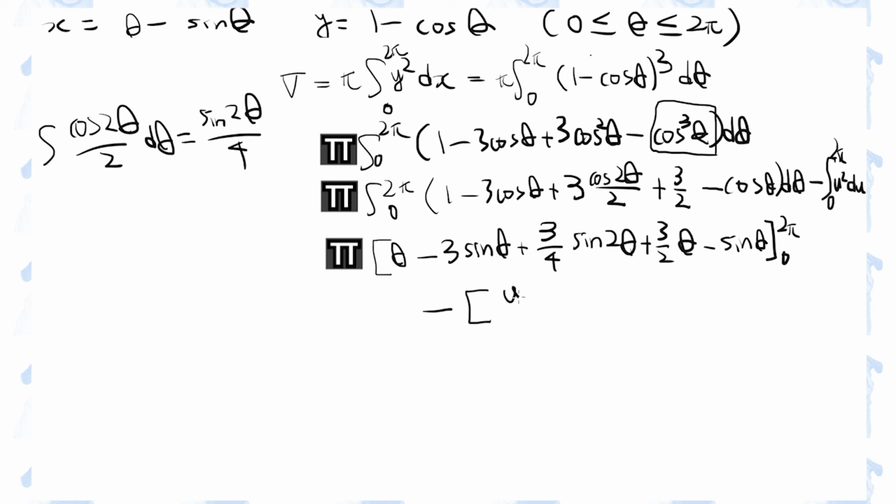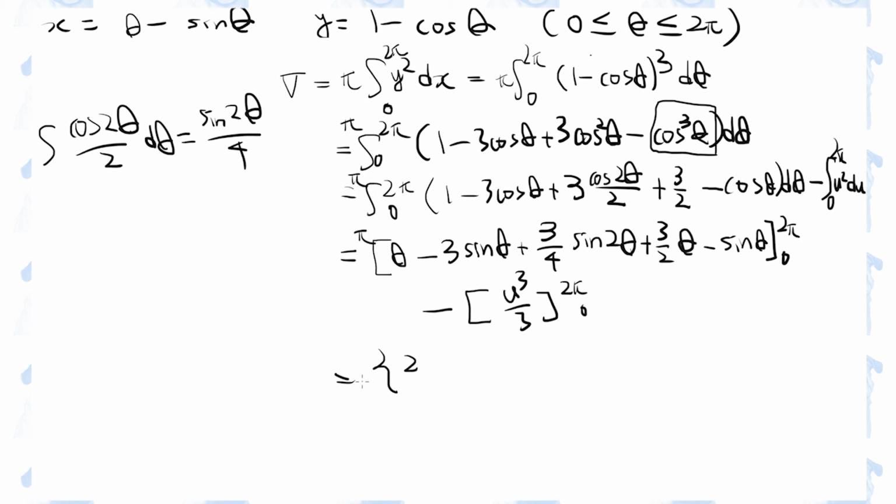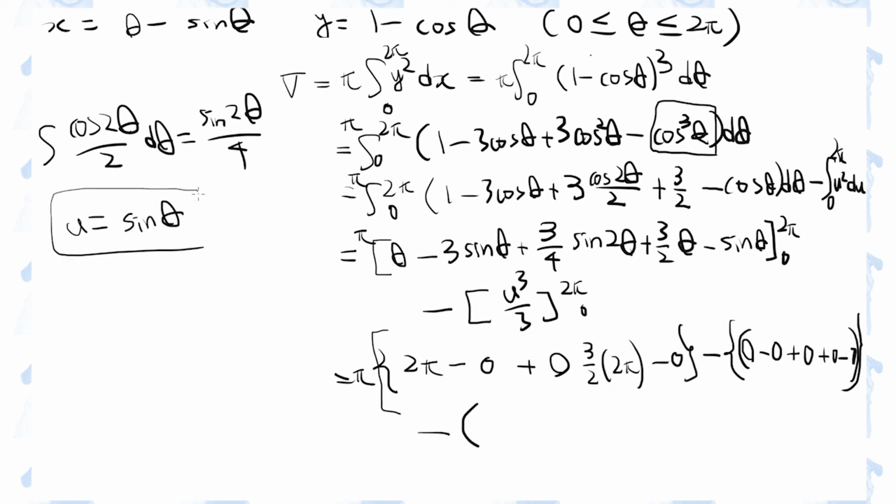I forgot to add pi at the beginning. u was sine theta, so sine cubed 2 pi over 3 minus sine cubed 0 over 3. Sine 2 pi is 0 and sine 0 is 0. So this is going to be 0.